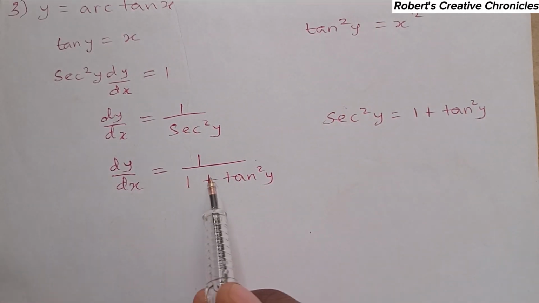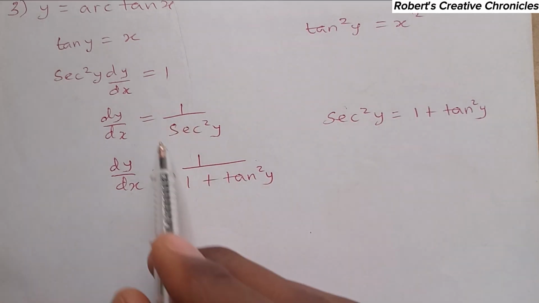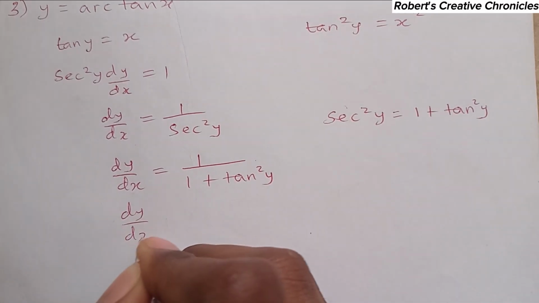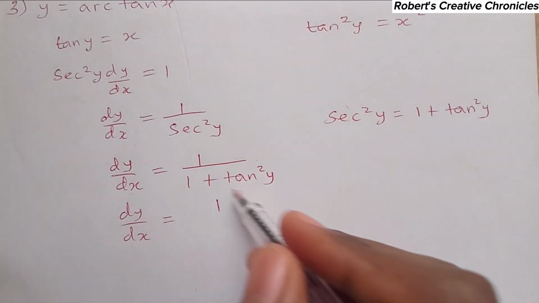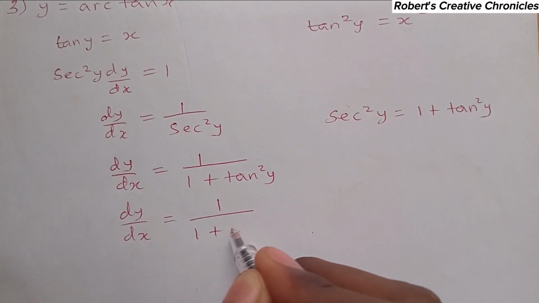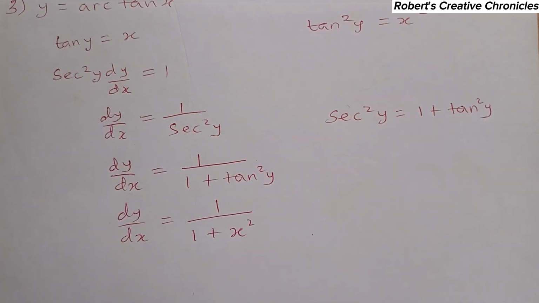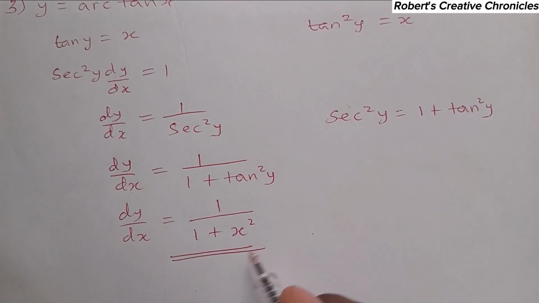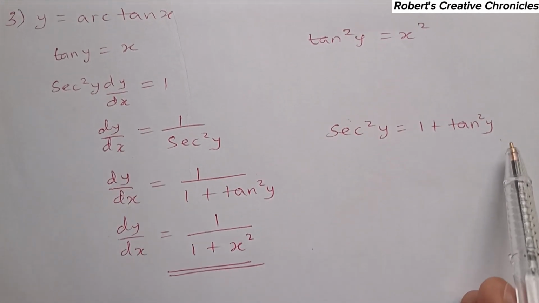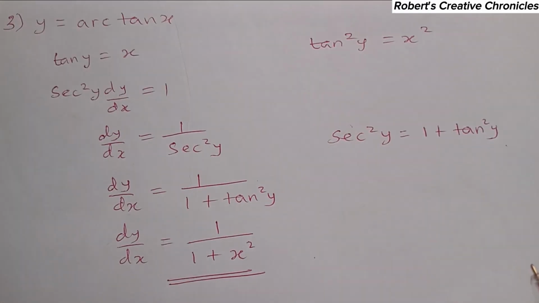So this becomes dy over dx equals 1 over 1 plus tan square y. Then we'll substitute tan square y, which is x squared: 1 over 1 plus x squared. So this is the final answer. And this is the derivative of arc tan x, 1 over 1 plus x squared.